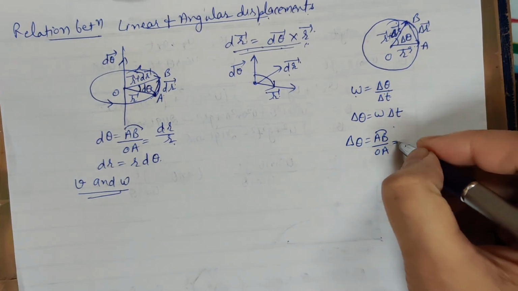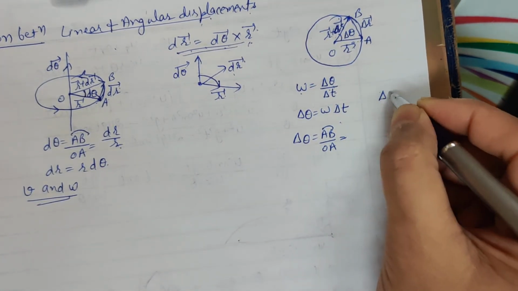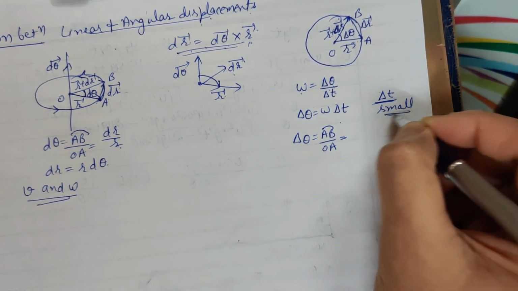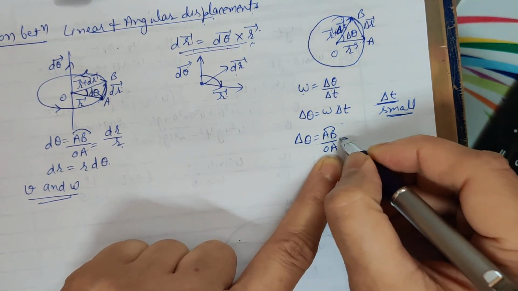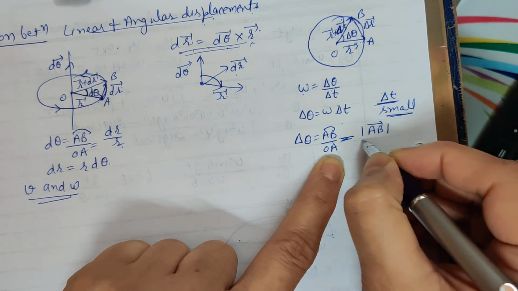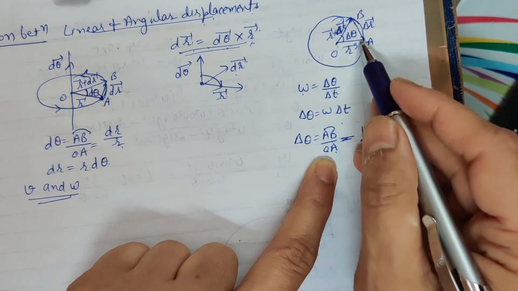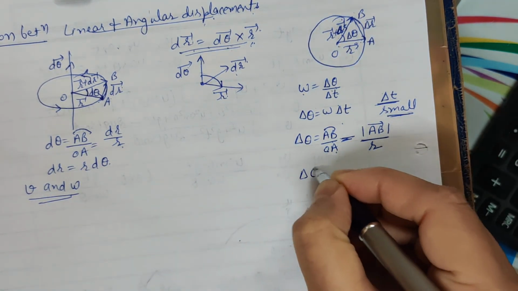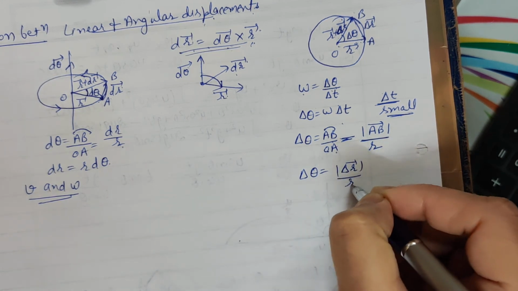Here the arc is for a very small time interval delta t, so the arc is approximately equal to the magnitude of the delta r vector, and the radius OA or OB is approximately equal to r. So delta theta is equal to delta r magnitude upon r.